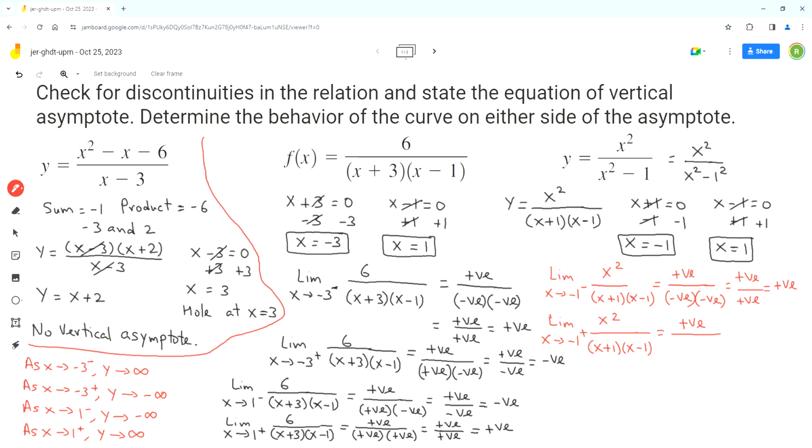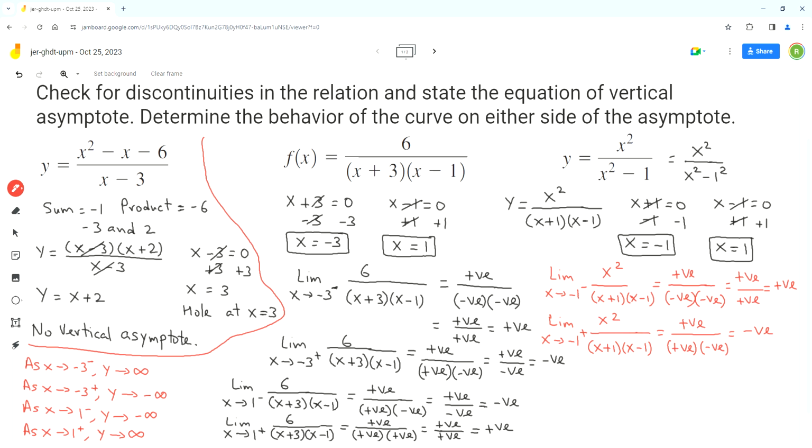In the denominator, we have to use a test value to the right side of -1, like -0.9. So x plus 1 will be a positive value, x minus 1 will be a negative value. So we'll end up with a negative value in the denominator. So that will make the overall value negative.